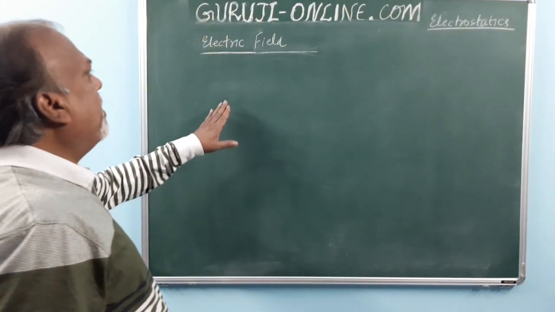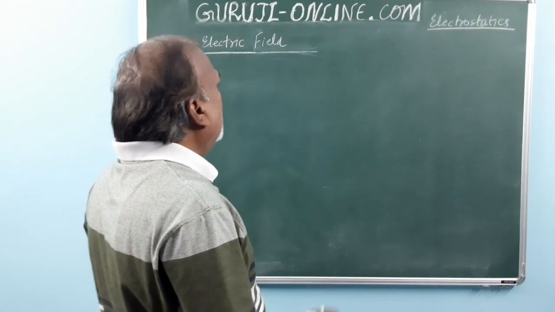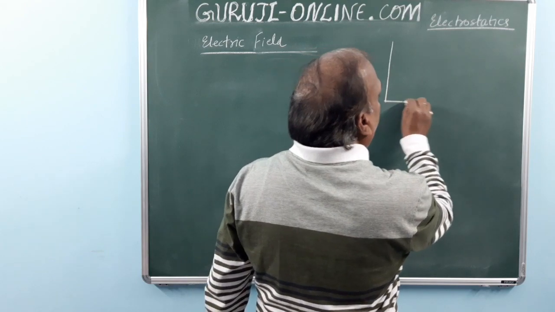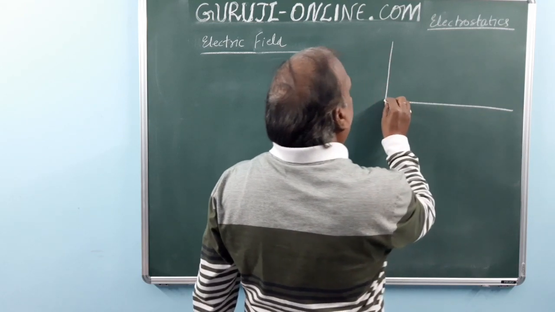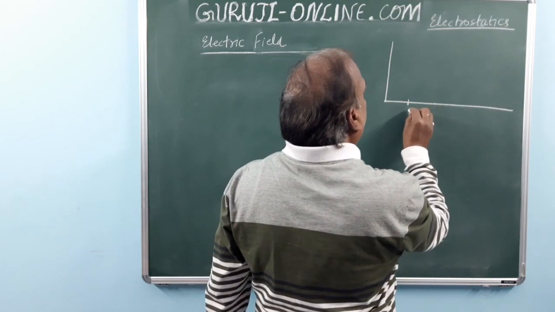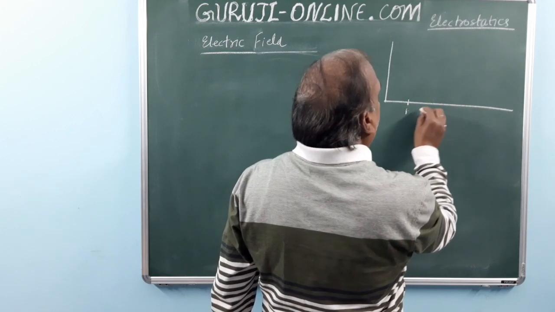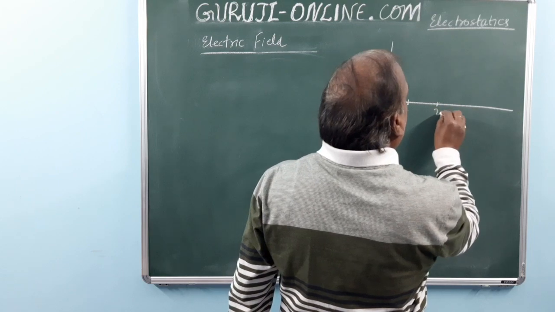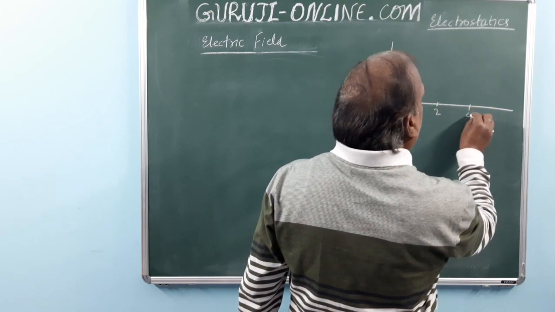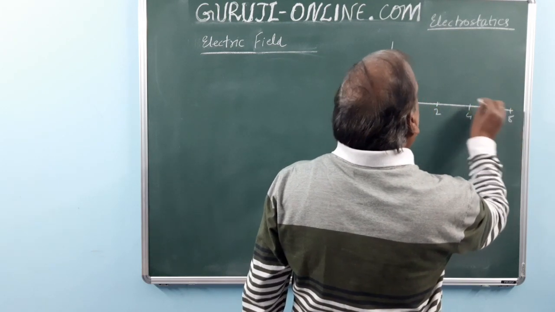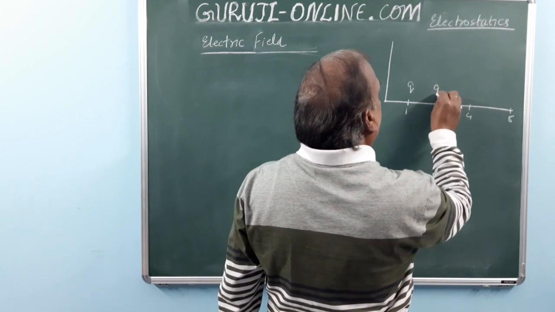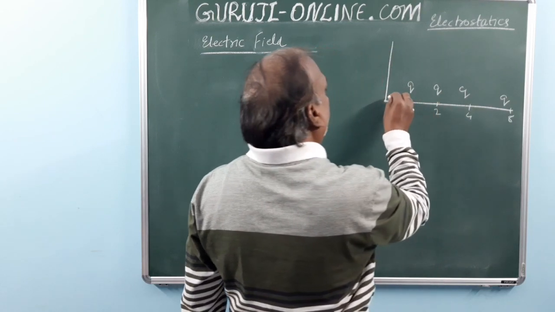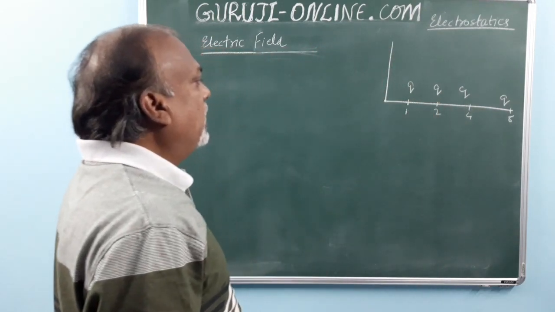Now, as we have seen in case of electric potential, suppose you are given charges 1, 2, 4, 8 placed like this, and you have to find out the electric field at the origin.